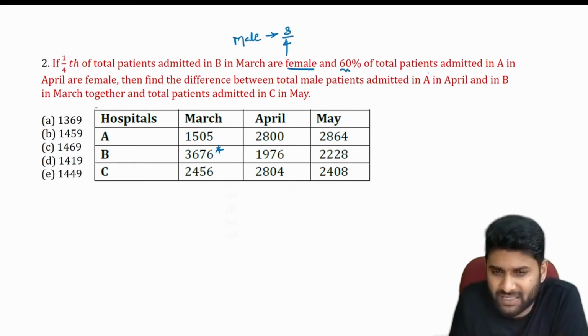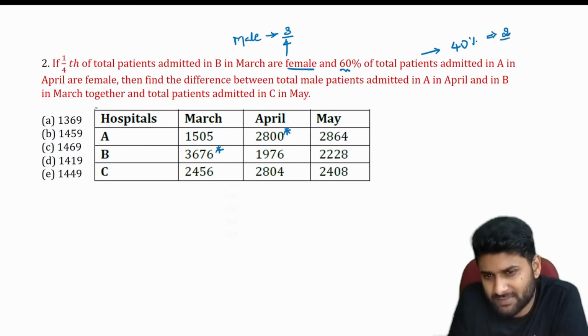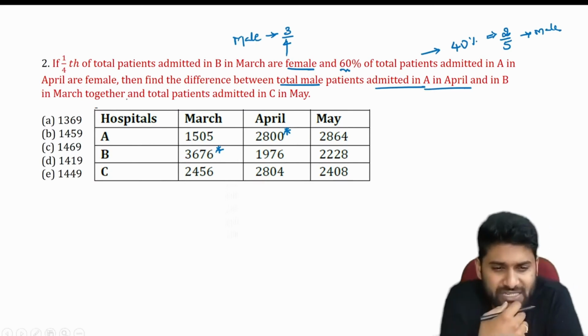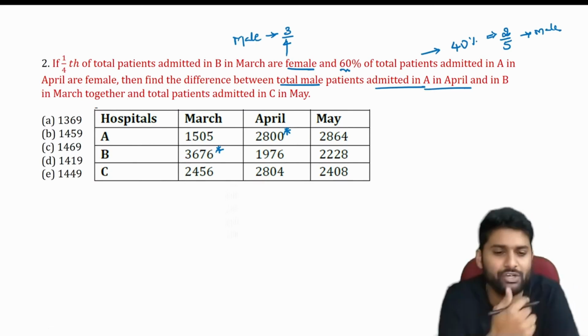Now 60% of total patients admitted in A in the month of April are females. Okay, now definitely 40% is male. So 40% means 2/5 is male. Then find the difference between the total male patients admitted in A in April and B in March together and the total patients admitted in C in May. You should identify that.